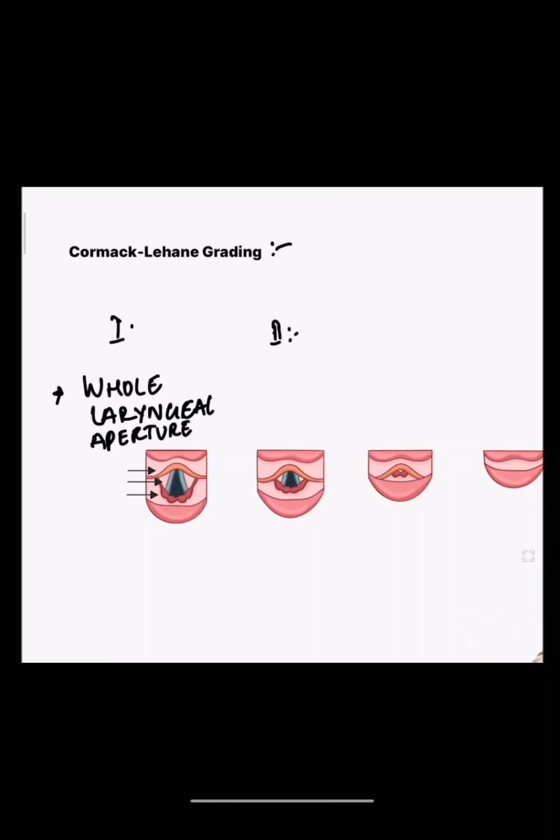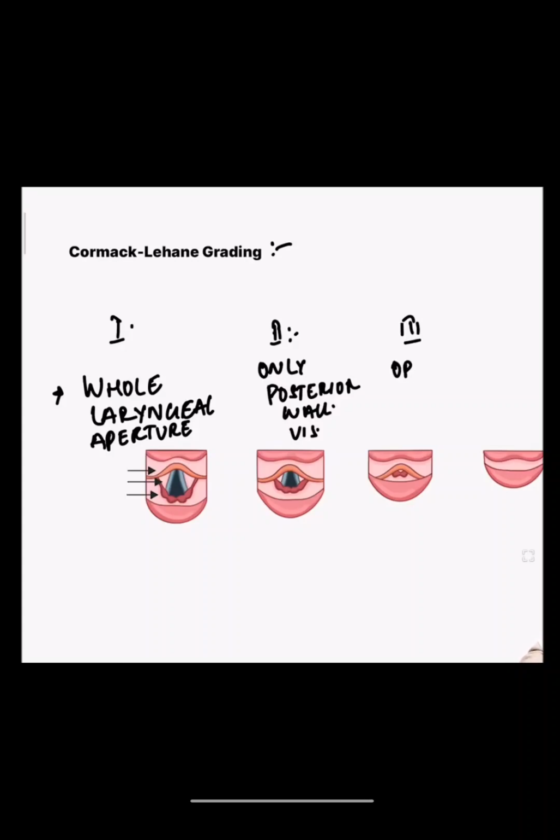Grade 2 means only the posterior part of the glottis is visible.